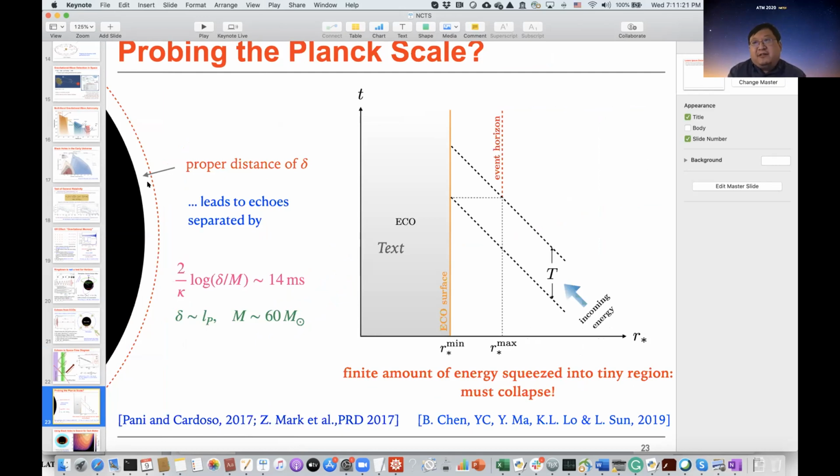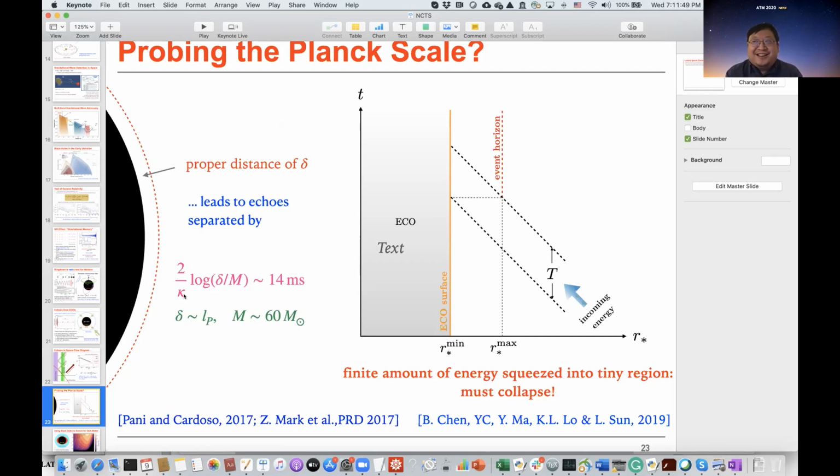What you find is that if you reflect a wave from a proper distance delta from the horizon, it'll lead to echoes separated by 2 over kappa times the log of delta over the mass. Kappa is the surface gravity of the black hole, which is of the order of 1 over the mass.